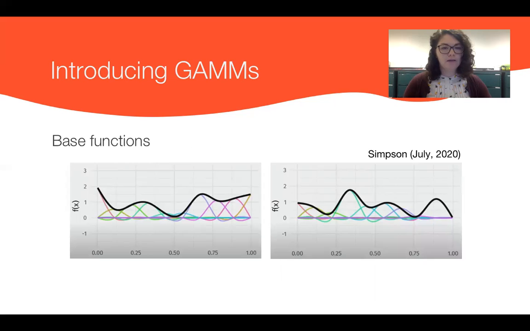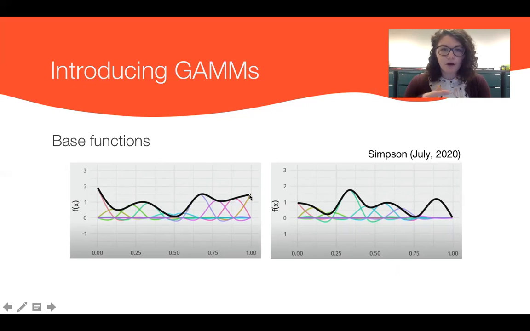The idea behind this smooth function that we're fitting is that essentially what's going on in the background when you make a generalized additive model is there are a ton of what are called base functions being specified. So these are the colored functions underneath the black line in this function. What I want you to imagine is that there is pupil data that follows this general shape of the black line.